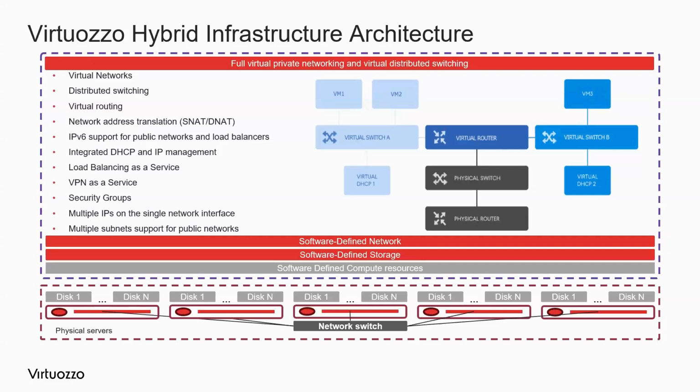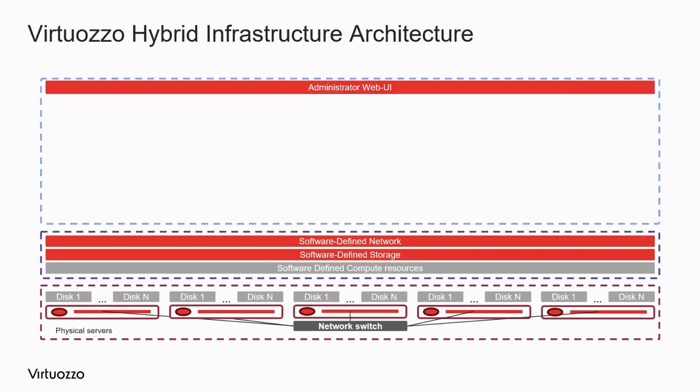We can use virtual routers that enable routing between the private and public IPs. We do have load balancers. We have the VPN as a service. We use security groups per VM, so that we are assuring a set of firewall rules just to be sure of the security for VMs. And we do have integrated DHCP and IP management as well.